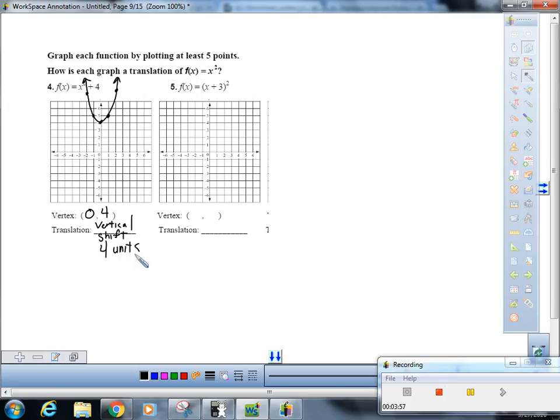Okay, so that's what they're looking for in these. Do you remember what this is going to do on the inside of the parentheses? I'm going to make you do this one, but it's going to be a left shift 3 units. Graph that, plot your points, and see if I'm right.